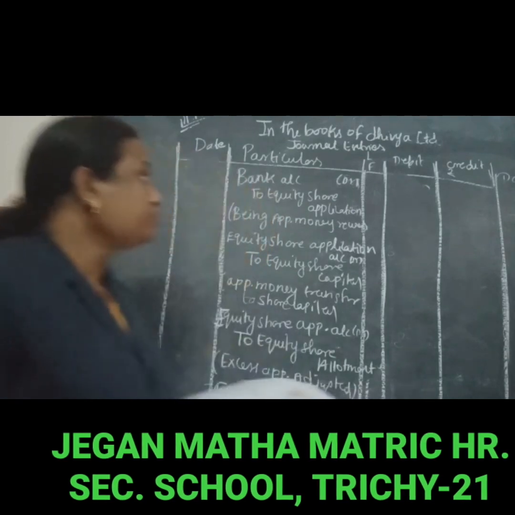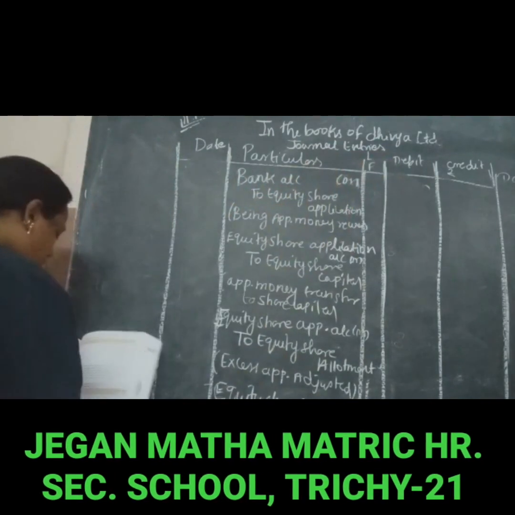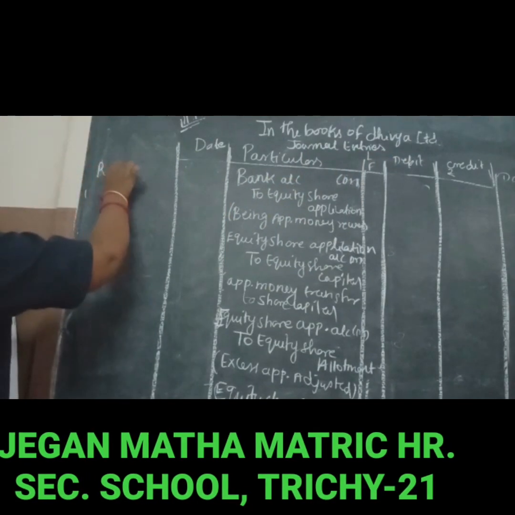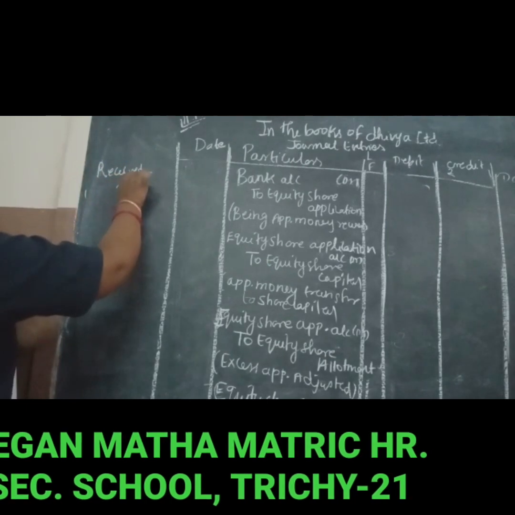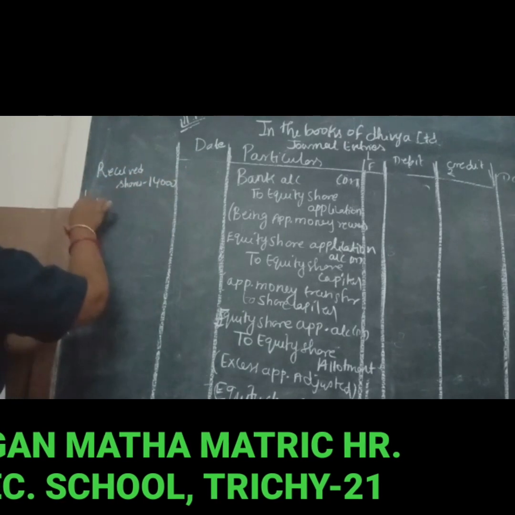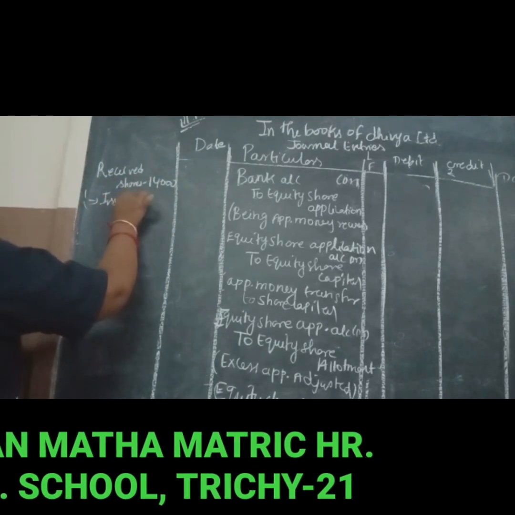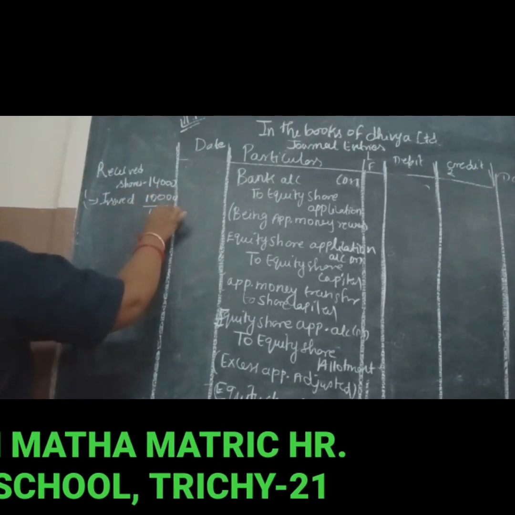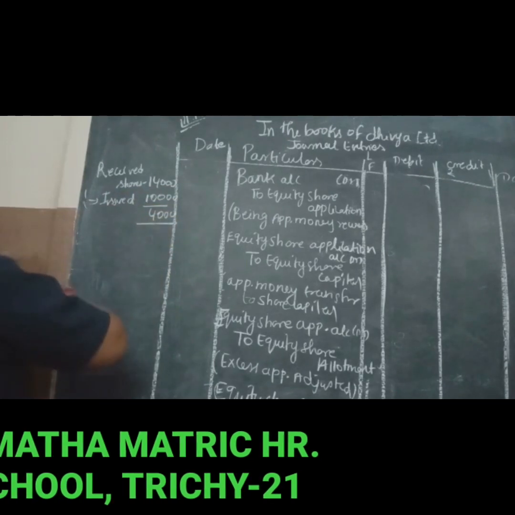Now, in the books of Divya Limited, the journal entries. First, the shares received: 14,000 shares are received. The company issued only 10,000, so the remaining 4,000 is excess application. The excess application is adjusted with the allotment.